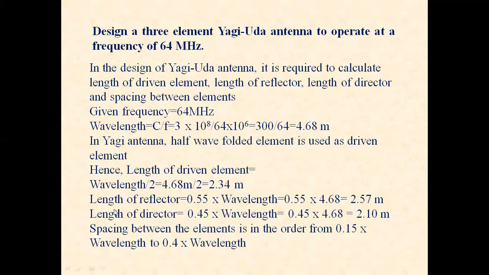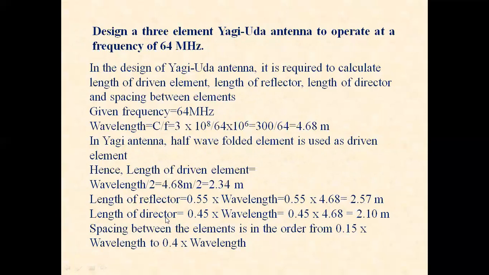Similarly, the length of the reflector is more than the length of the driven element. The driven element is 0.5 lambda, whereas the reflector length is 0.55 lambda. This lambda by 2 is nothing but 0.5 lambda; it is the length of the driven element. Length of the reflector is 0.55 into lambda. 0.55 into lambda, with lambda calculated as 4.68, we are getting 2.57 meters.